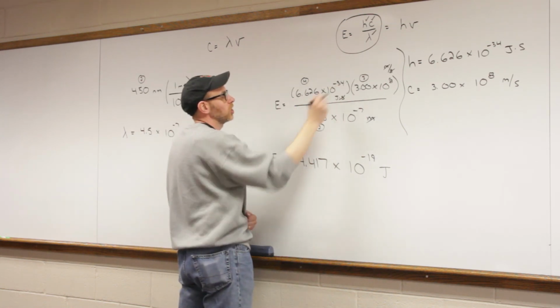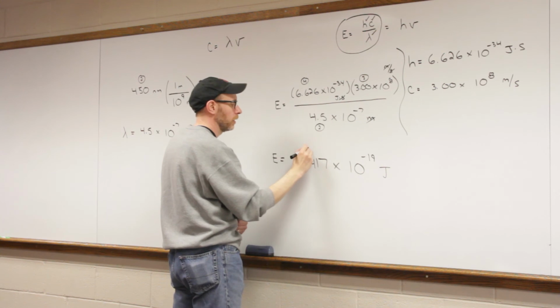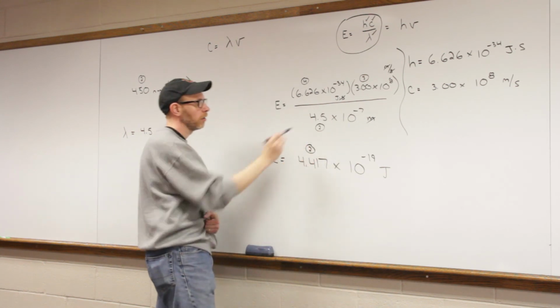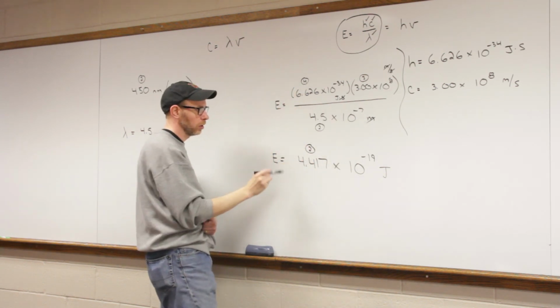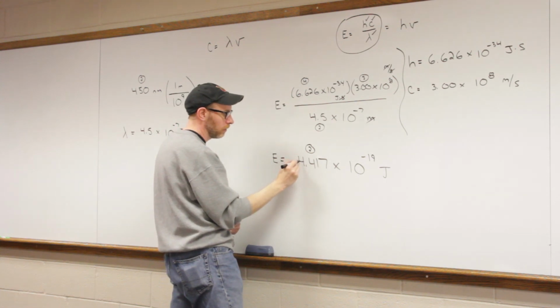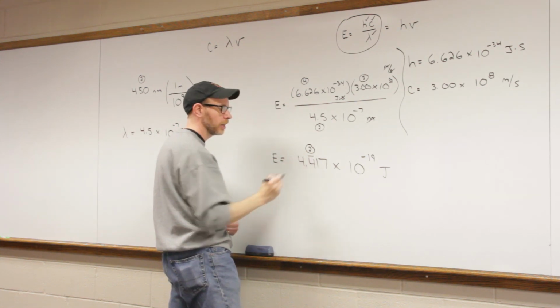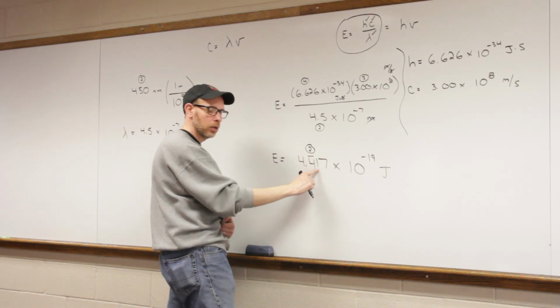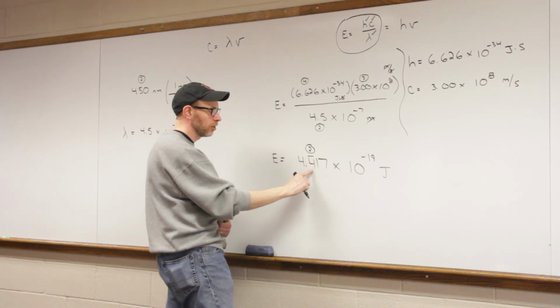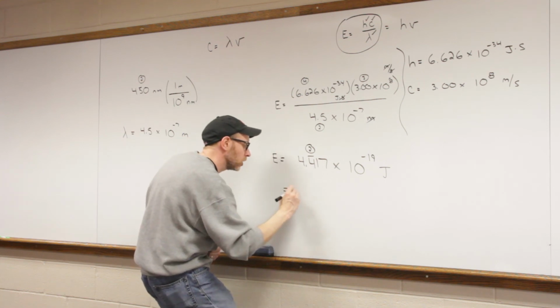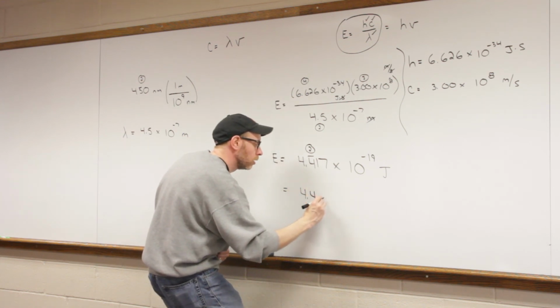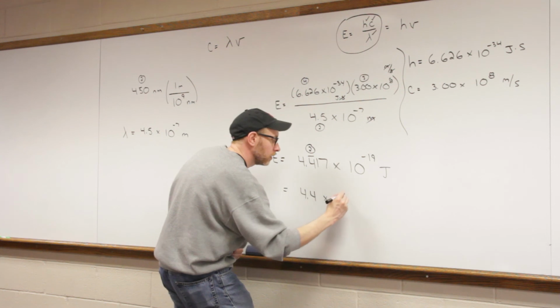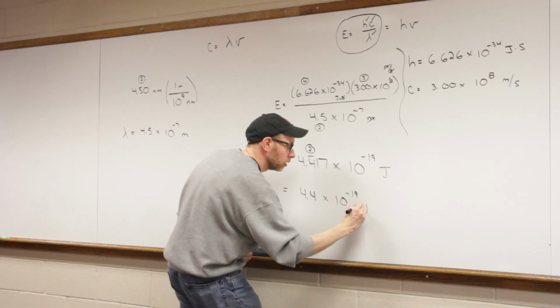So I'm just going to choose the smallest number, that would be 2, of those 2, 3, and 4. And so it's going to be significant to that place right there. Look to the right of that digit, it's a 1. 1 is less than 5, so I'm going to leave it as it is. And energy would be 4.4 times 10 to the minus 19 joules.